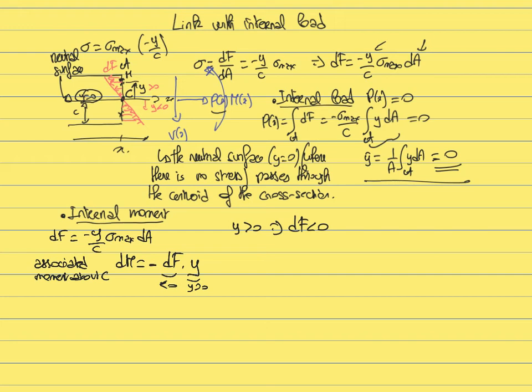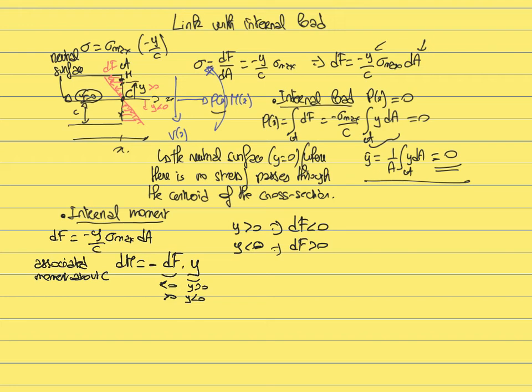Let's check if this expression is still true when y is negative. So when y is negative, then in that case now dF becomes positive. Now dF points towards the right when y is negative. So now if I look at this expression, I have y that is now negative. Now dF becomes positive. So that gives me a negative number, the product of a positive times a negative number.